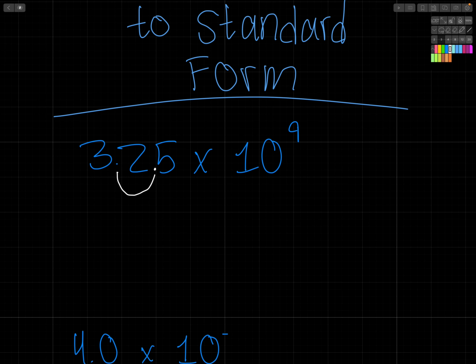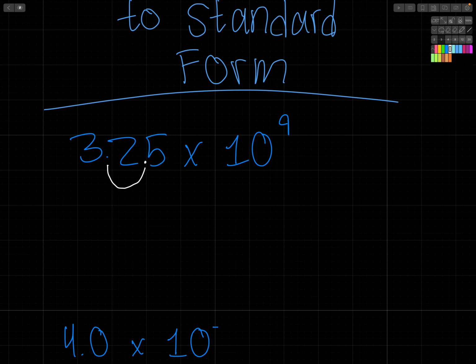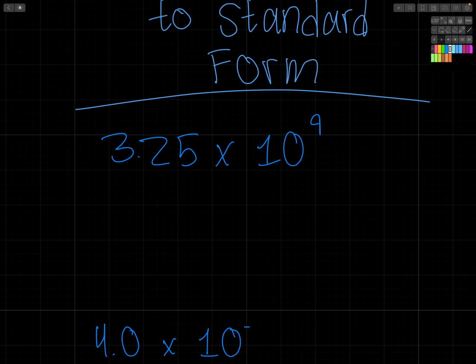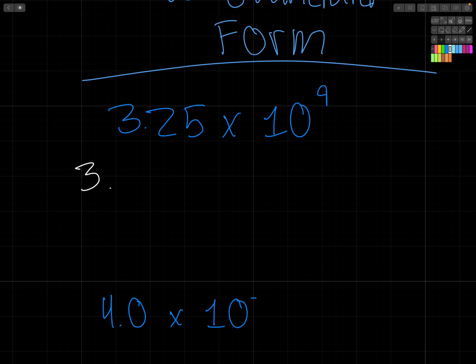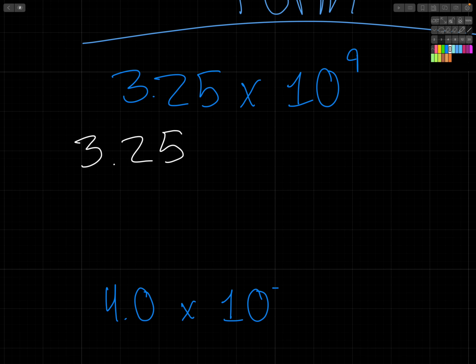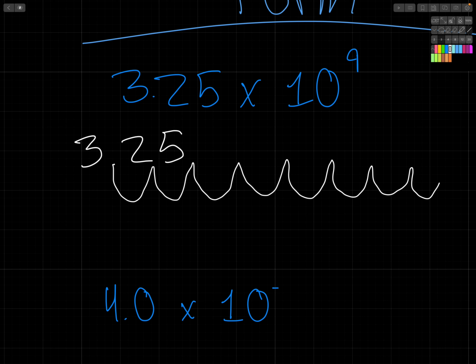From 3.25, you're making it 32.5 if you just times it by 10. So every time you're timesing it by 10, it's getting bigger and bigger and bigger. 3.25. Let's move this decimal place 9 times. 1, 2, 3, 4, 5, 6, 7, 8, 9.